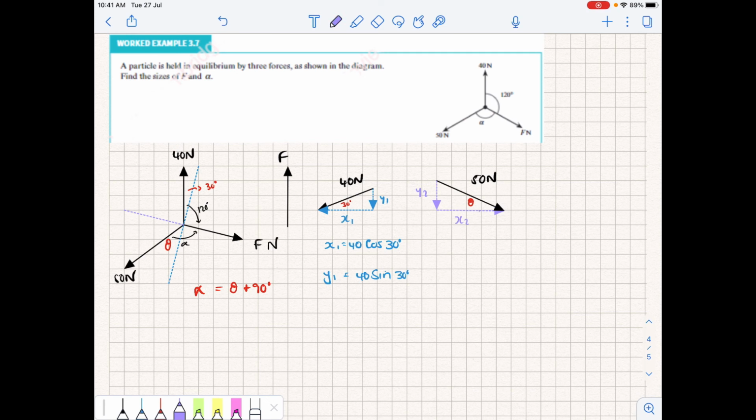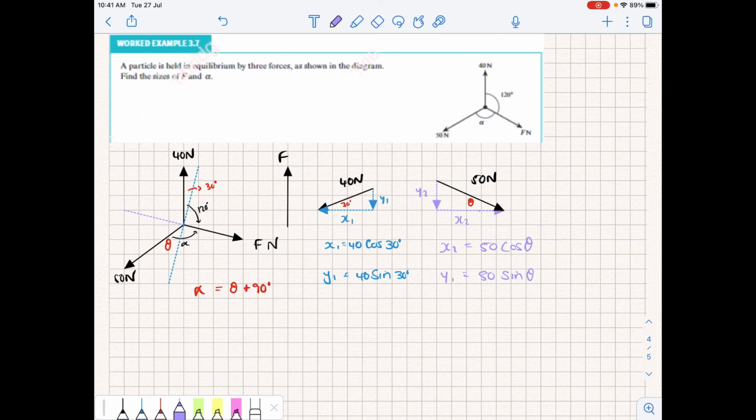In the same sense, we're going to resolve these forces here. So x2, the horizontal component, is equal to 50 times the adjacent side, so cos theta, and the vertical component will be 50 sin theta.